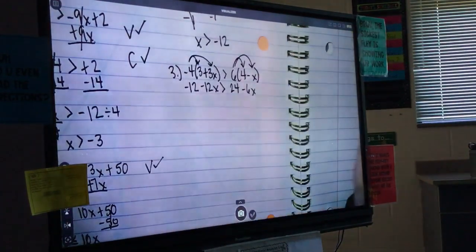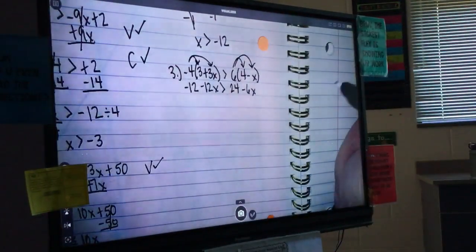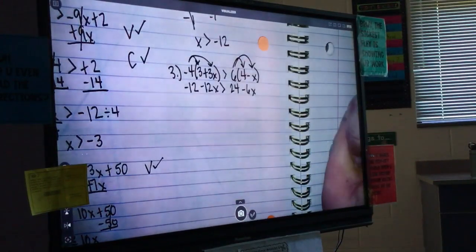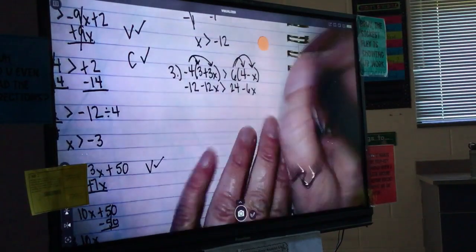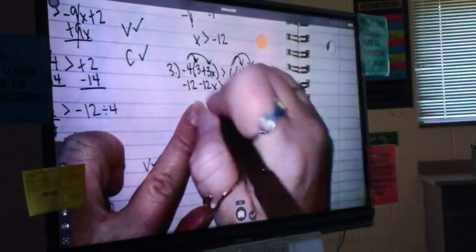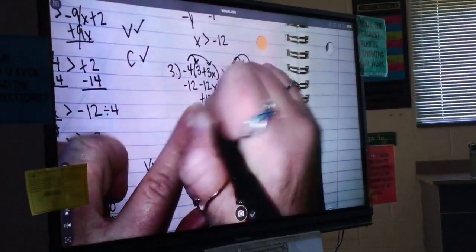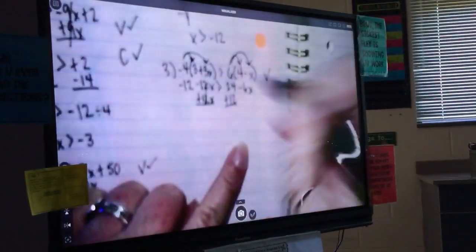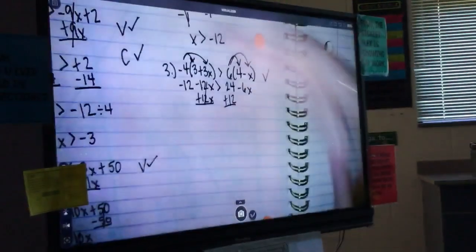All right, so at this point, I'm done with the distributing. Do you want me to start with my constants or my variables? Variables. Okay. So I'm going to add 12x here. That cancels. Just kidding, I added the wrong 12.